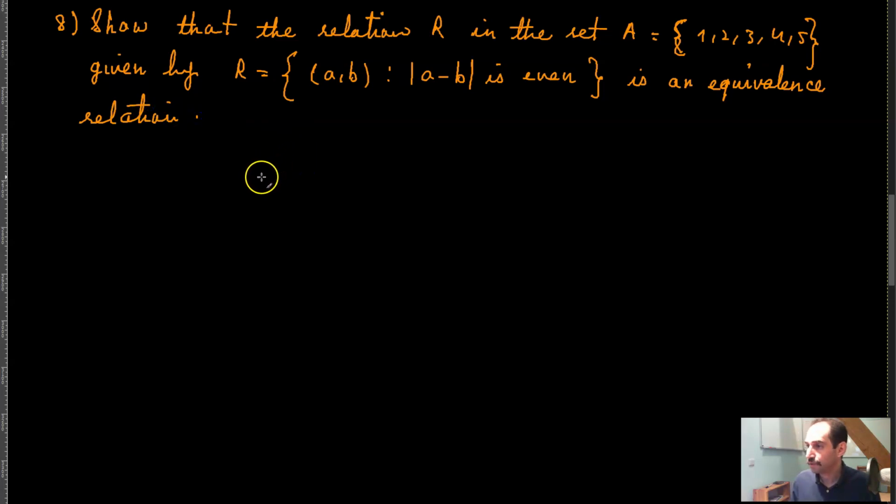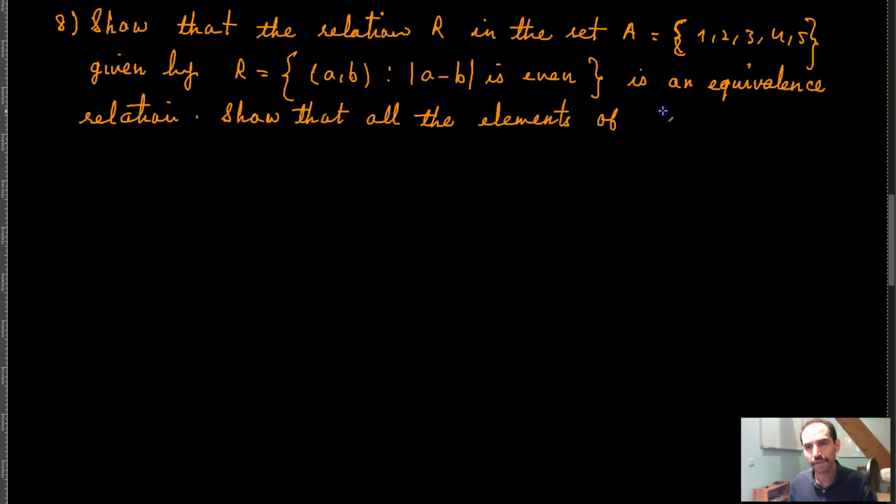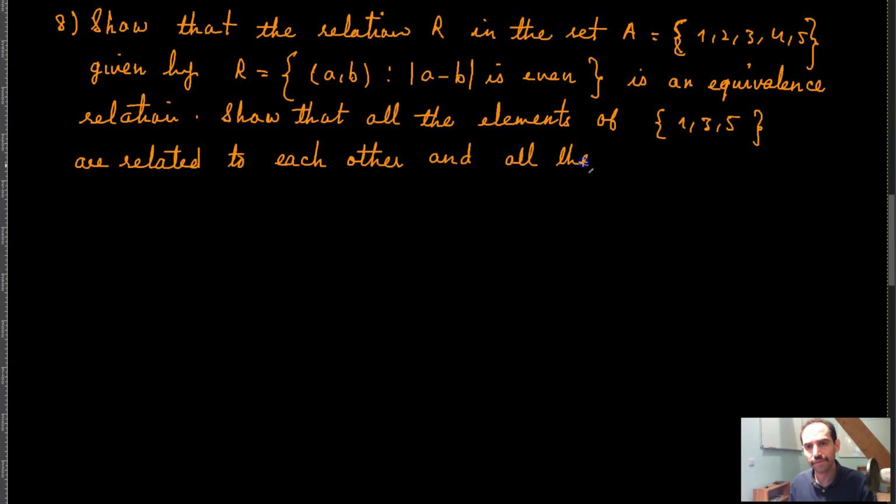Show that all the elements of {1, 3, 5} are related to each other, and all the elements of {2, 4} are related to each other.